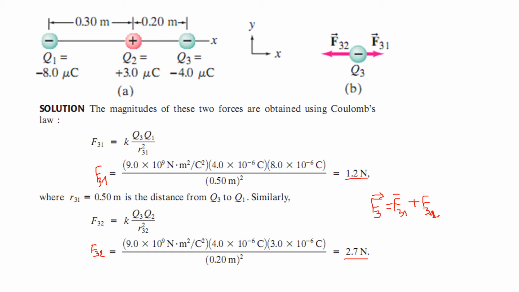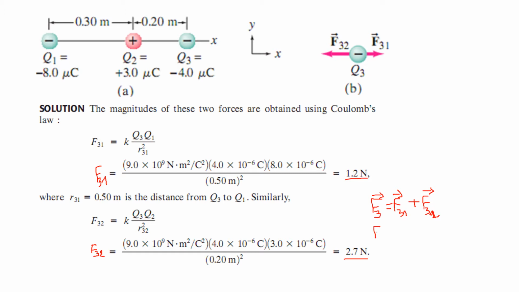And then these are first added in vector form, and we see that the magnitude of the force on charge 3 due to charge 2 is larger than the magnitude of the force on charge 3 due to charge 1.